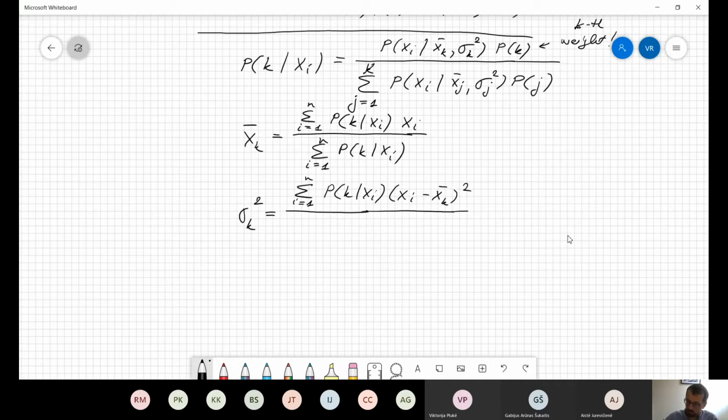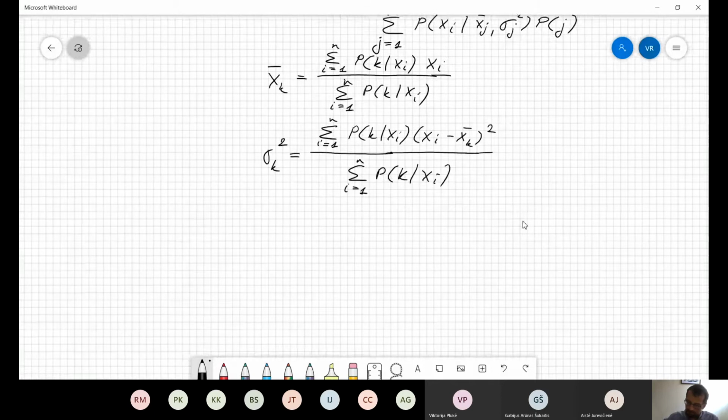The normal way would not use this probability, but since now we are looking at the distribution of the cluster, we need to multiply it by the probability, right? And here again we just divide by the same guy, the sum of the probabilities, which is just like the normal number of points included in the k-th cluster.